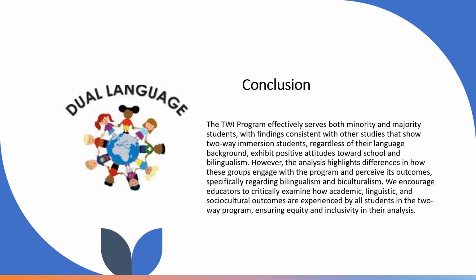However, the analysis highlights differences in how these two groups engage with the program and perceive its outcome, specifically regarding bilingualism and biculturalism. We encourage educators to critically examine how academic, linguistic, and social-cultural outcomes are experienced by all students in the two-way program, ensuring equity and inclusivity in the analysis.